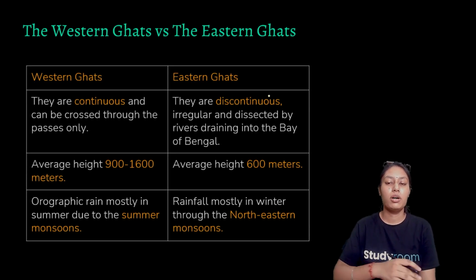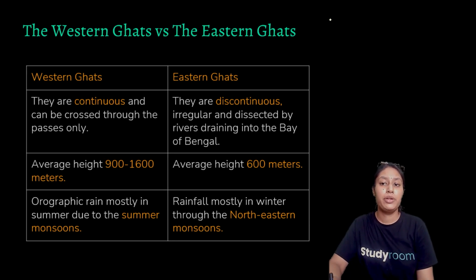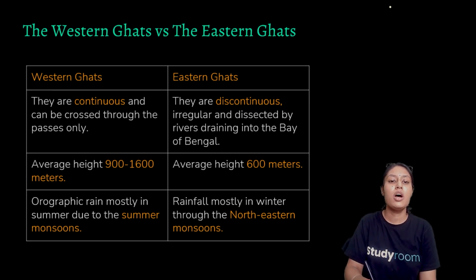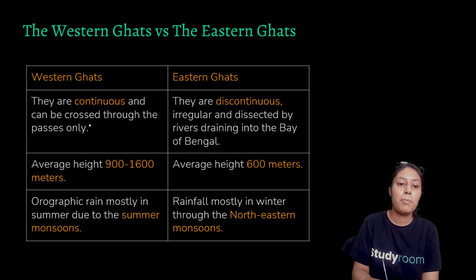Now, we have studied about ghats in the plateau region. Now, what is the difference between the Eastern and the Western Ghats? Okay, so the Eastern Ghats can be crossed only through the passes.